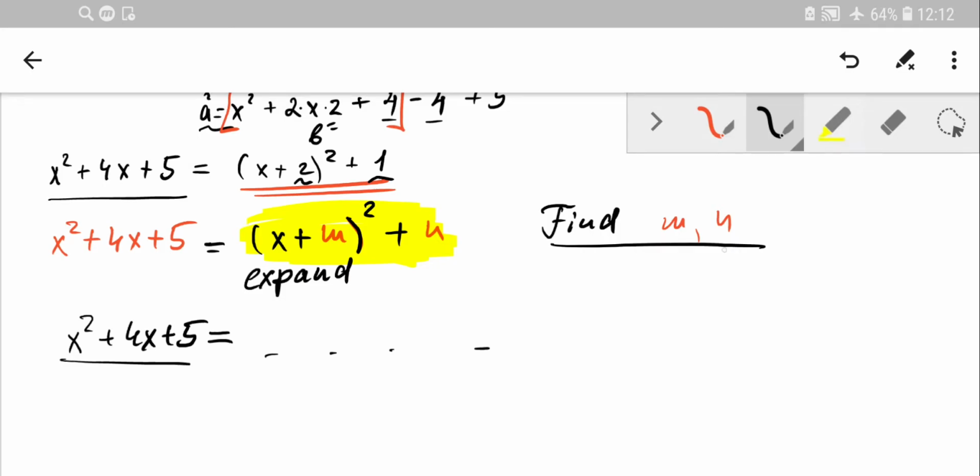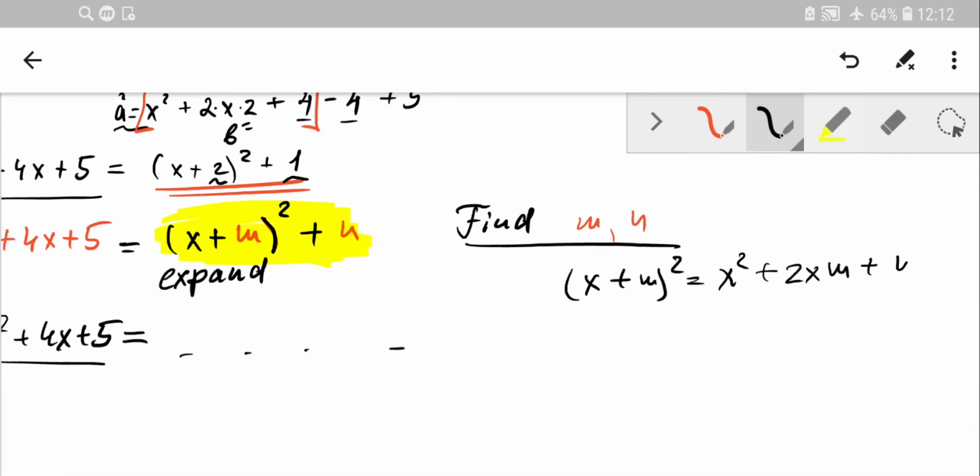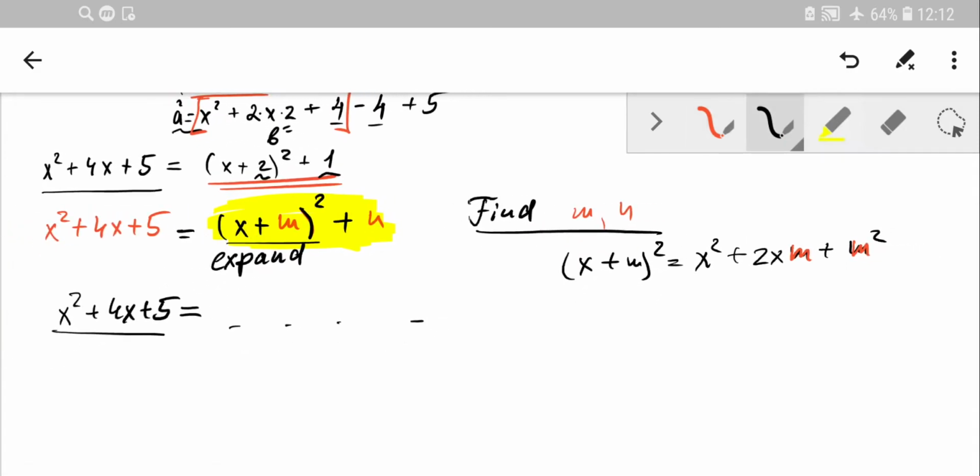Our goal is to find them. So we expand this expression using the formula. (x plus m) squared, I'll do it on the side, will be x squared plus 2xm plus m squared. I highlight that the m's are unknowns. So instead of these brackets, we have this expanded form.